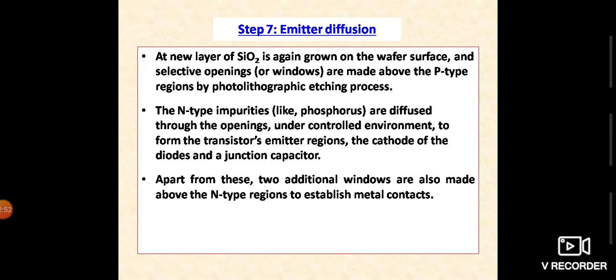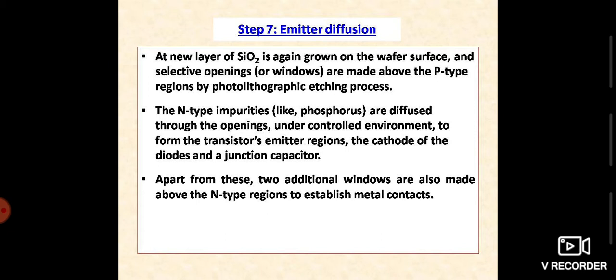Step 7. Emitter diffusion. In this step again, we have to grow a new layer of silicon dioxide on the wafer surface, and selective openings or windows are made above the p-type regions by the photolithographic etching process, which I have already discussed in the previous steps.